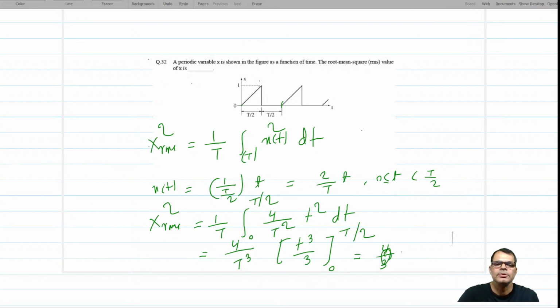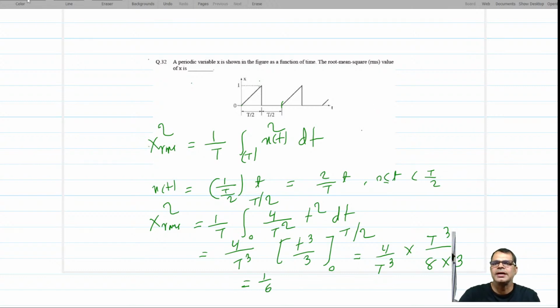And ultimately what will we get, not 4 upon 3, 4 upon T cube into T cube upon 8 into 3, because you put the T by 2 here. So you will get 1 upon 6.